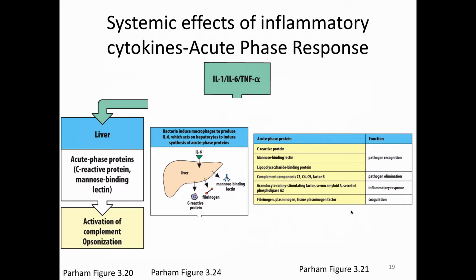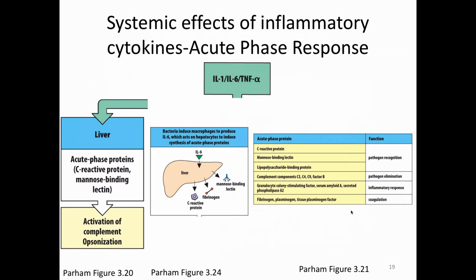Have you guys heard of any of those before? No? No, never. Never? What are those proteins? Complement. Those are the complement proteins we talked about on Friday. And so in fact, again, all of these responses are interconnected.